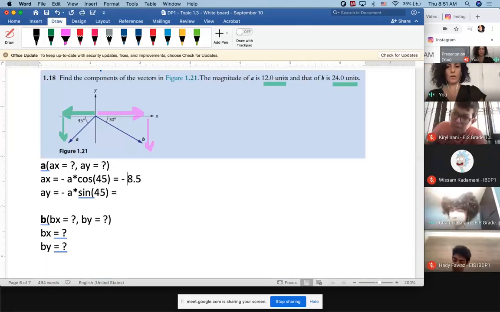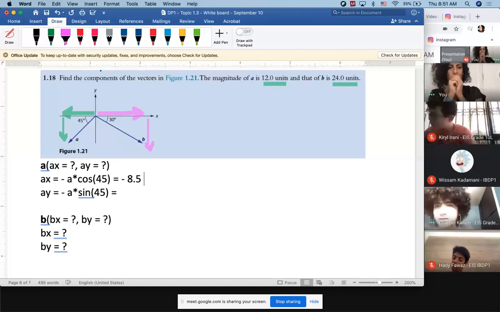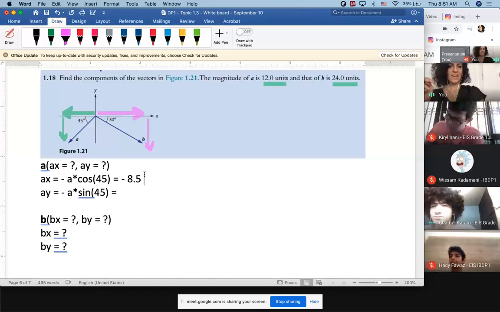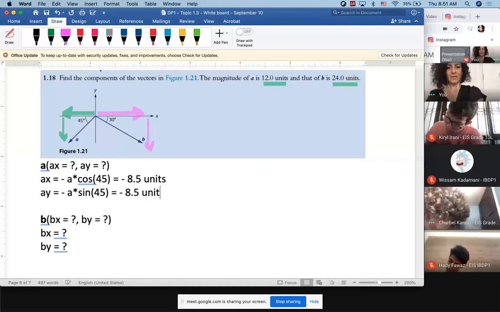All right, what is the unit, Sharbel? Newtons? Meter per second? It's units. Okay, so the unit is called units. And this, I think the same answer, right? Yeah, every time you have 45 degrees, this happens.